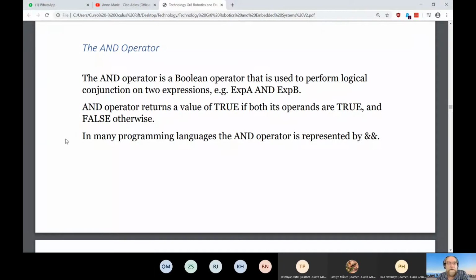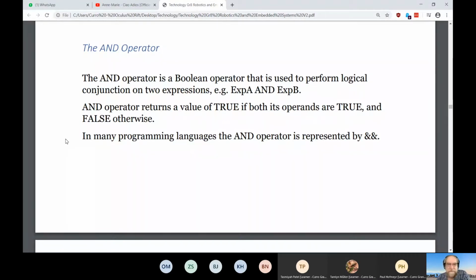The result of an AND operation is true only if both of its expressions, the parts on the left and the right hand side of the AND, are true. So the result of the AND is true if both operands are true. The word kind of gives it away.